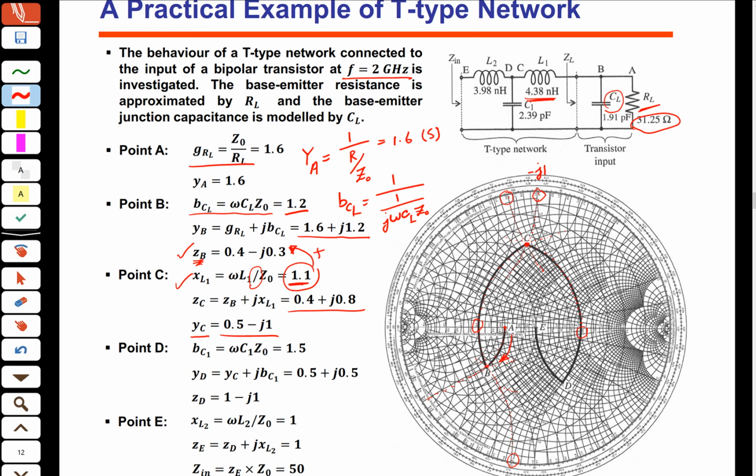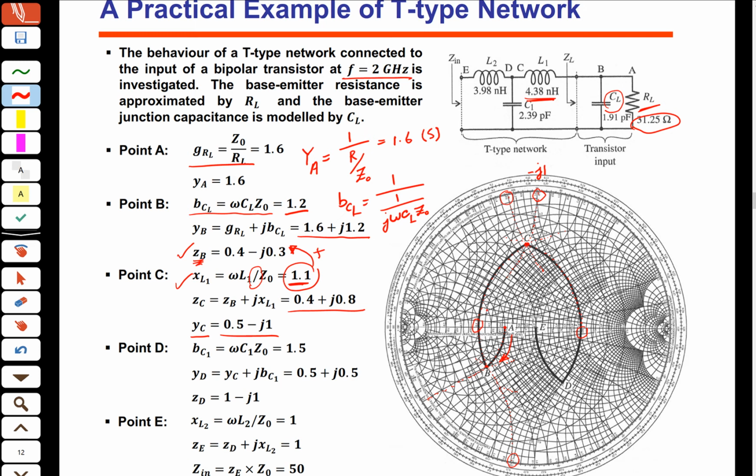So 0.4 is this circle. Sorry, it's an impedance.